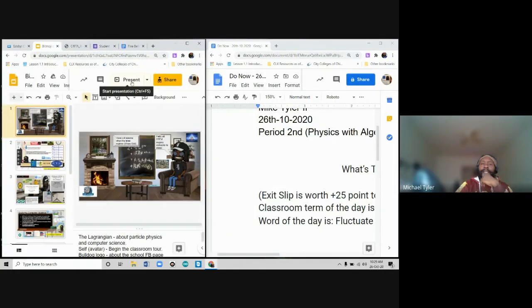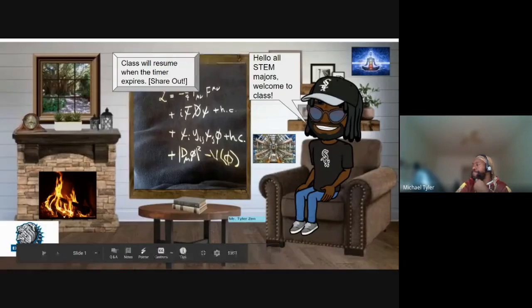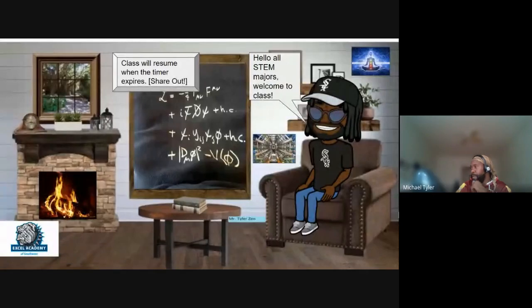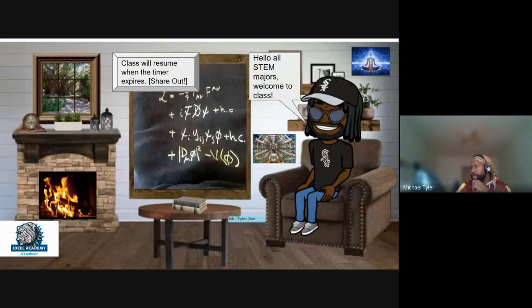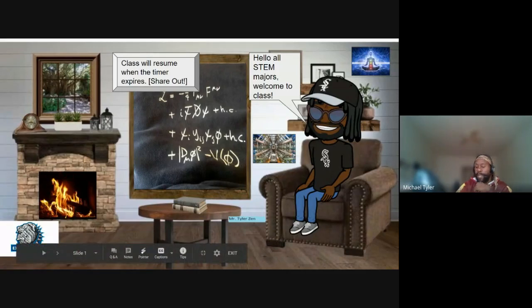All right, so you got this Google link that I gave you? That's why I use this classroom so you guys can see well. I think you put it in the chat. All right, I'm gonna put it again so you can see it. You're gonna go to the physics classroom. There it is.